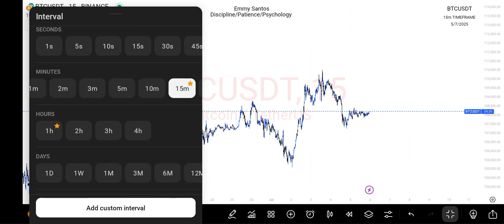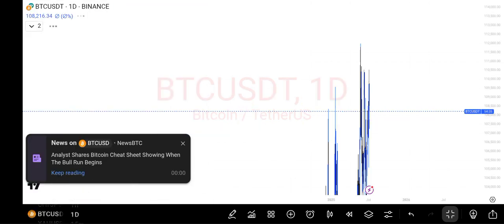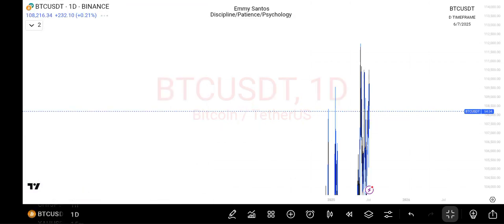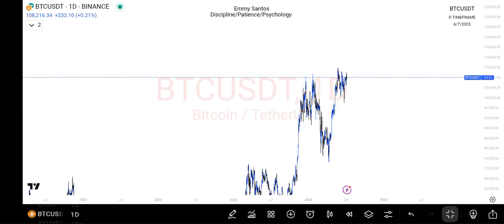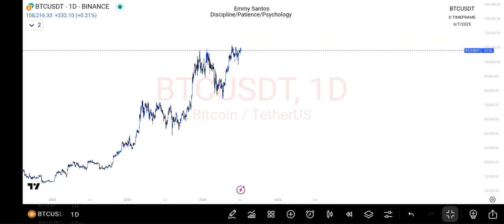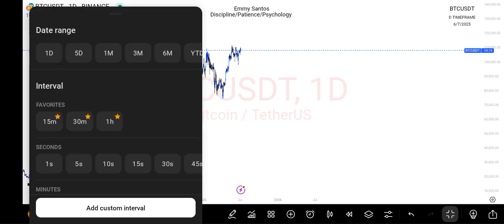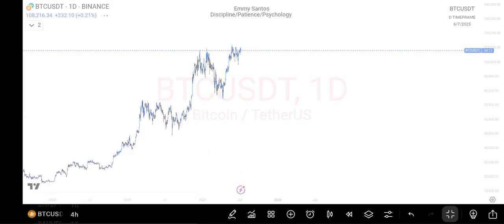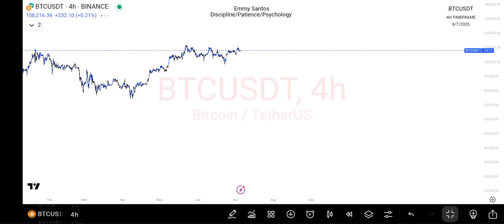I normally start from the daily time frame. The daily time frame seems to be an uptrend, so I'll go down to the 4 hours. This is what I do in the 4 hours.